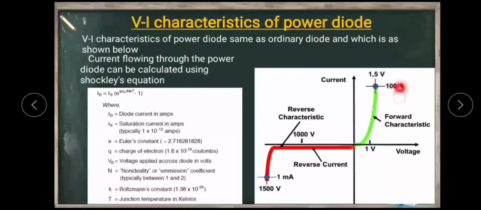This is similar to an ordinary diode. When the voltage across the diode increases, the current flowing through the diode gradually increases. When it reaches the knee voltage, it starts conducting. In the same way, in reverse bias condition, it does not conduct at all. This is the VI characteristics of a power diode.